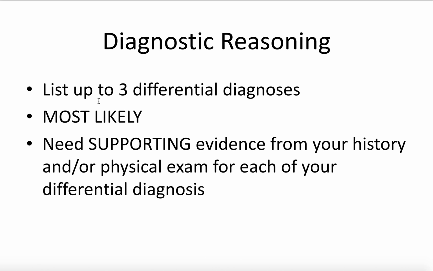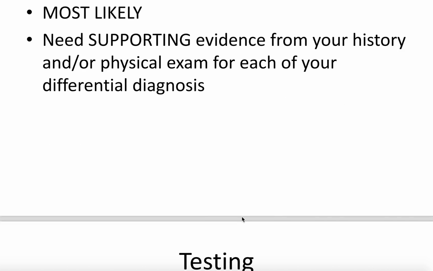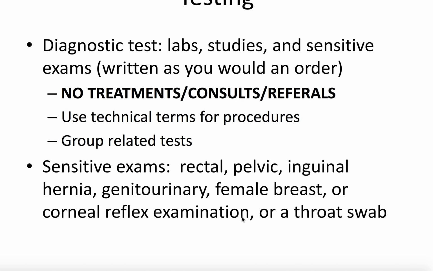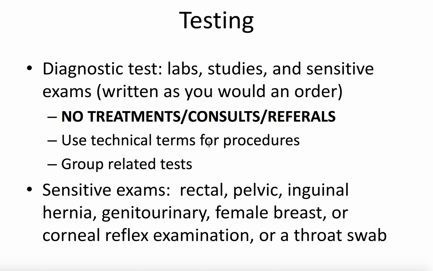The diagnostic reasoning part, as I mentioned, the top 3 diagnoses in order of likelihood with supporting evidence from the history and physical exam. Testing, labs, studies, sensitive exams. Don't put down treatments or consultations or referrals, only the tests you want to do and any sensitive exams you want to do. Make sure to use technical terms, not lay terms.